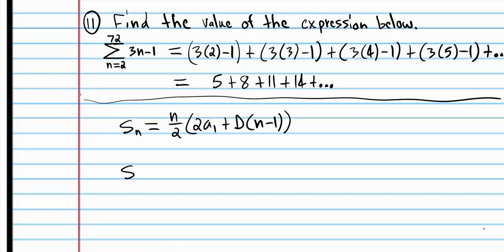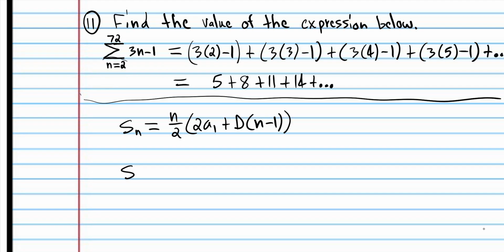Now this is the part where students are typically going to make a mistake. Alright. How many terms are we adding up? A lot of students would say, well, we're adding 72 terms. No, we're not. And the reason we're not adding 72 terms is because we're not starting with n equals 1. We're starting with n equals 2.